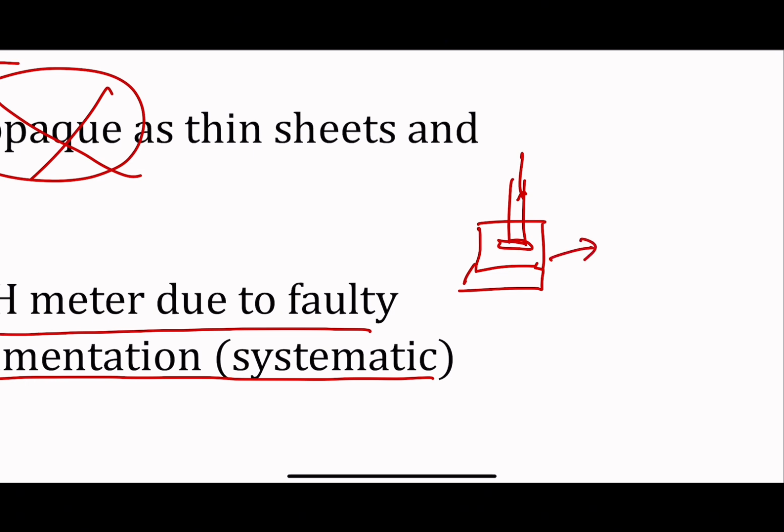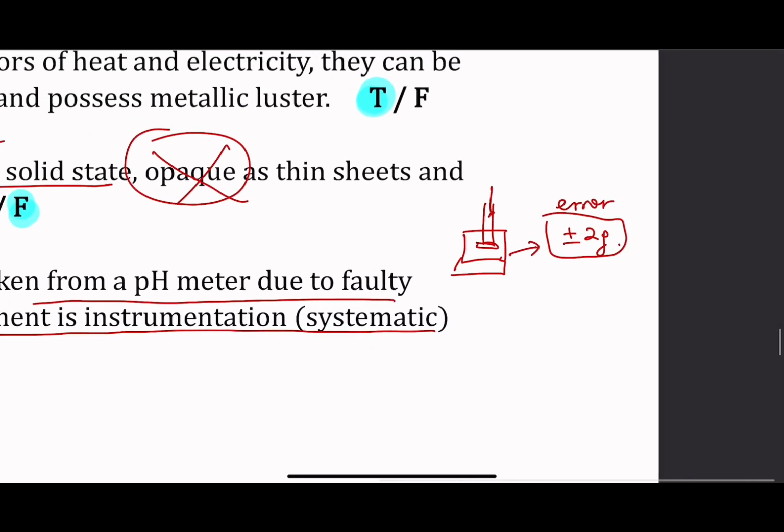The scale needs to report, for example, 0 plus or minus 2 grams of error. They reported it. You can read it on the label of the scale.